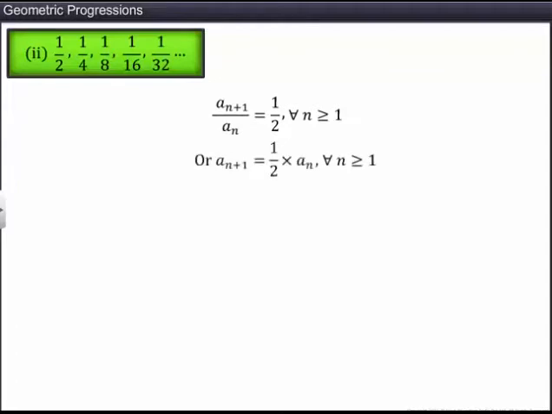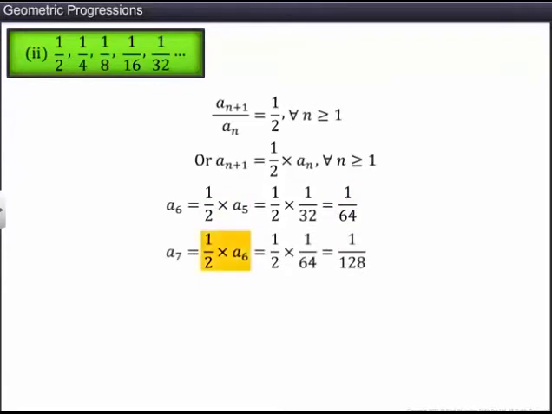Hence, the 6th term of this sequence is half of the 5th term, which is equal to 1 upon 64. The 7th term is half of the 6th term, which is equal to 1 upon 128. The subsequent terms can be found in a similar manner.